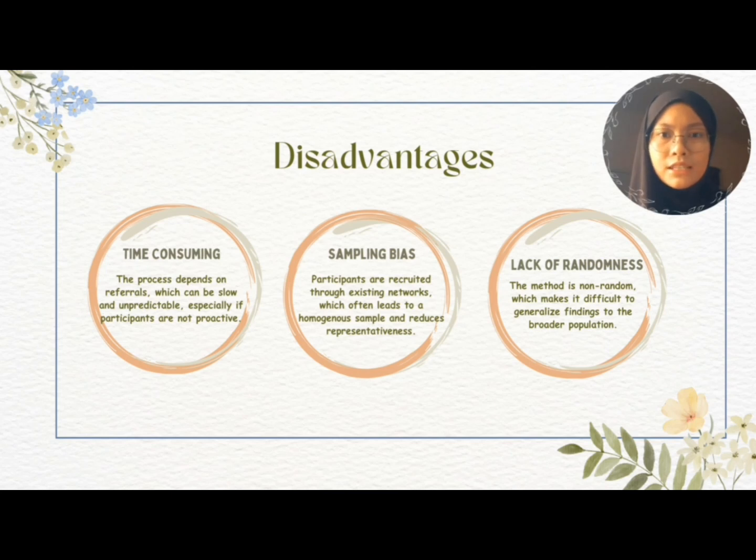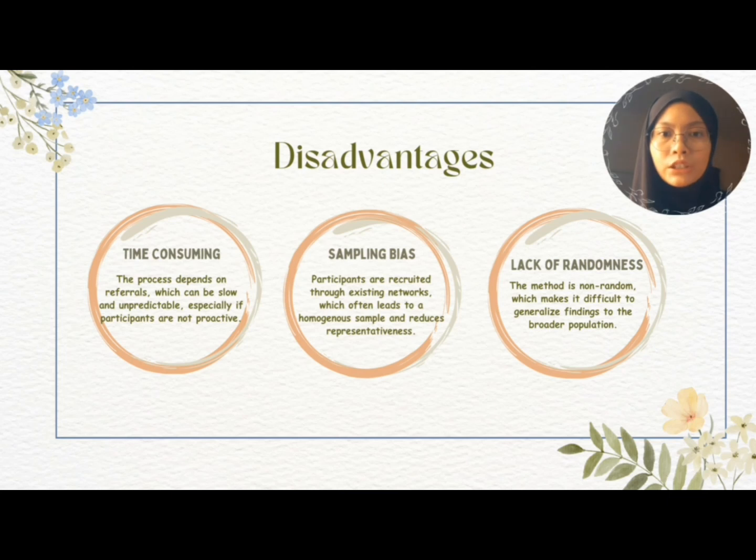If this continues, you will end up with a group of people who are all quite similar. This is what we call sampling bias, where your sample doesn't truly reflect the diversity of the whole population.